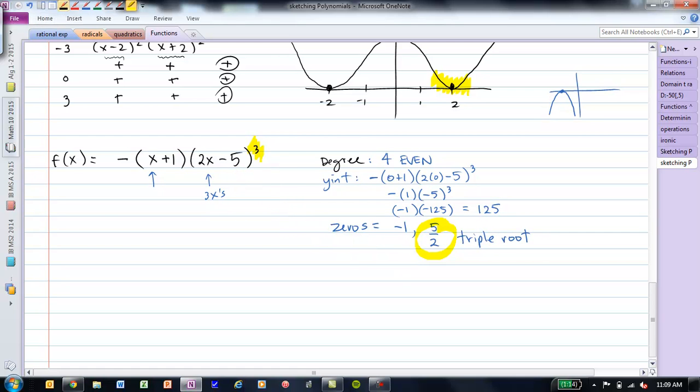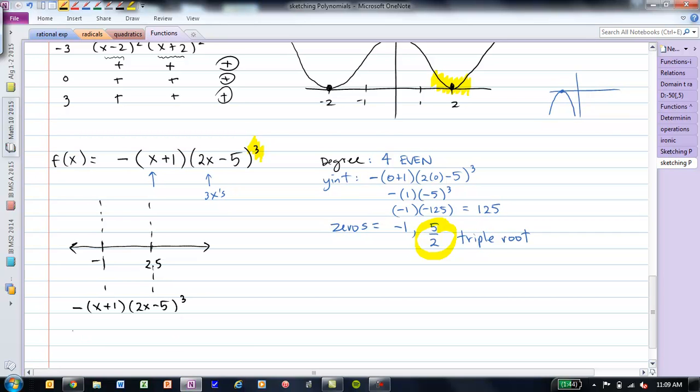All right, so now we need our number line. On our number line, we're going to have negative 1 and then 5 halves, which is the same as 2.5. So pick a number smaller than negative 1, like negative 2. Our original function is negative (x plus 1)(2x minus 5) cubed.